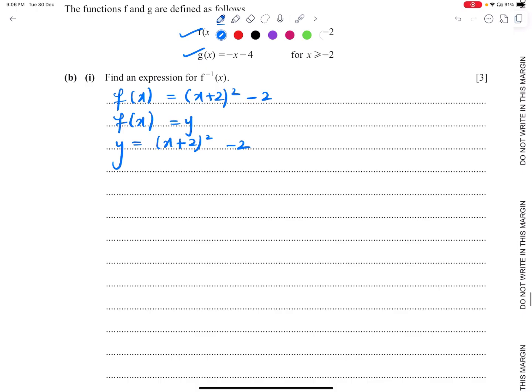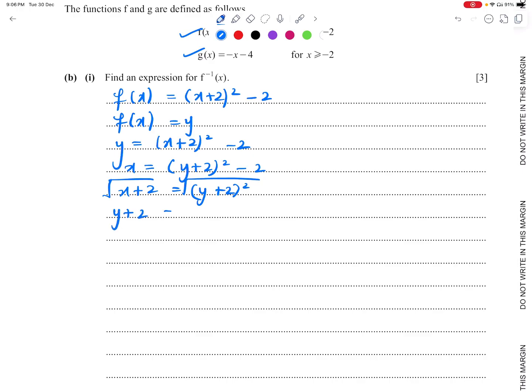Now, the first step is that I am going to replace the x's with y and the y's with x. So that's going to be x is equal to y plus 2 whole square minus 2. Now I'm going to try and make y the subject of the formula. That's going to be x plus 2 is equal to y plus 2 whole square. I'm going to put a square root sign. This is going to become y plus 2 is equal to under root x plus 2. That's going to leave us with under root x plus 2 minus 2.